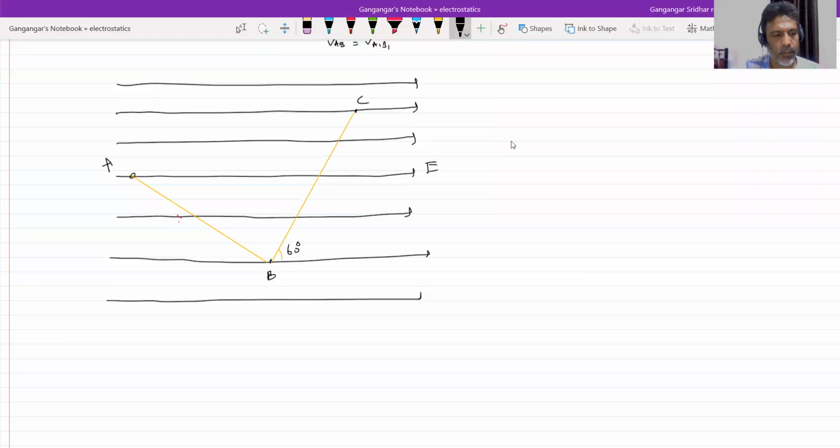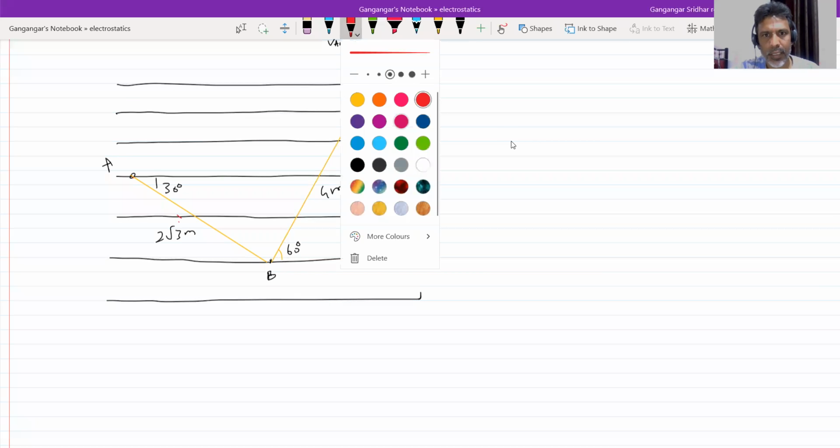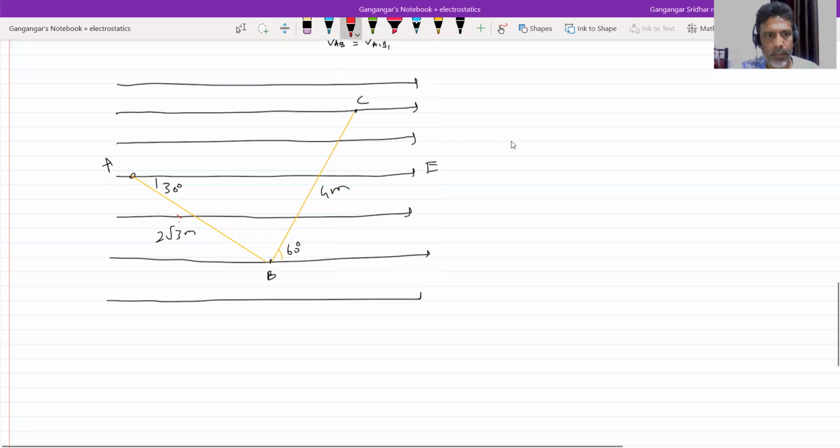60 degrees. This distance he has given is 2√3 meter, this is 4 meter, and there's a path. The path is going like this. So let me write all the values.